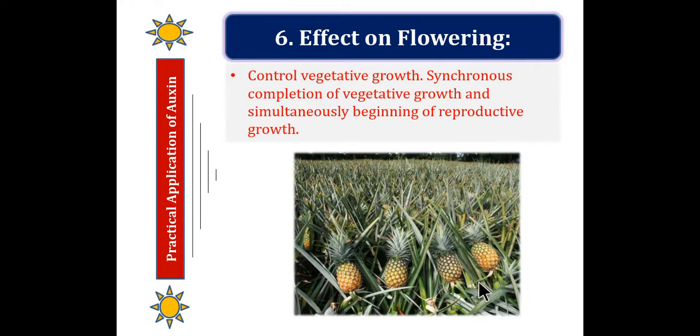The control of vegetative growth and synchronous maturity takes place by the auxin. Simultaneously, after the vegetative growth, the reproductive growth gets started. So in practical application, this property of auxin has been commercially utilized in the case of pineapple and sugarcane plants.